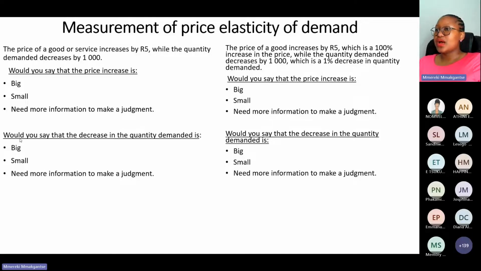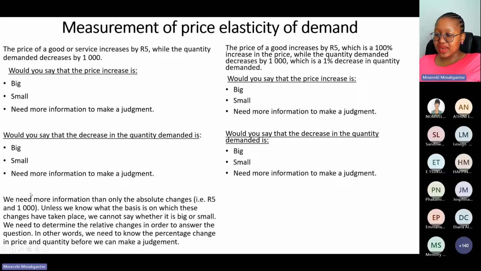Number two, if the price of an iPhone, for example, were to increase by 5 rand, and the quantity demanded decreased by 1,000, would you say that the decrease in quantity demanded is big, small, or we need more information?